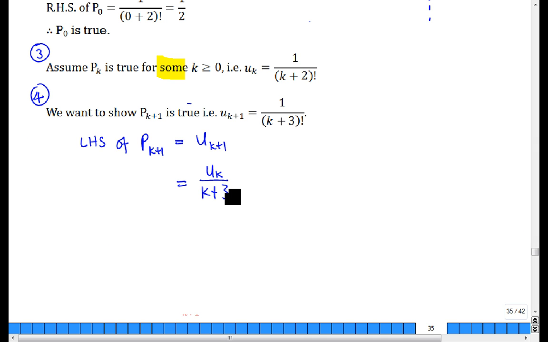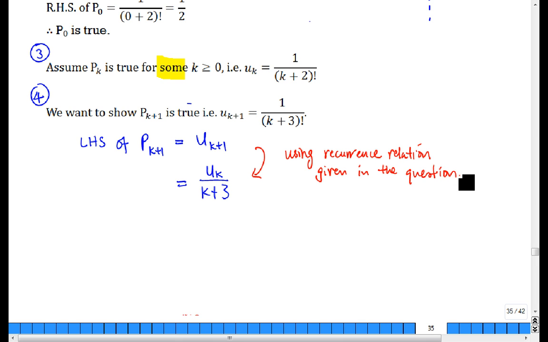Okay, this is a comment. I write in red, because not really you can't answer, but I better write this is using the recurrence relation that is given in the question. Have we made use of step number 3? Not yet.